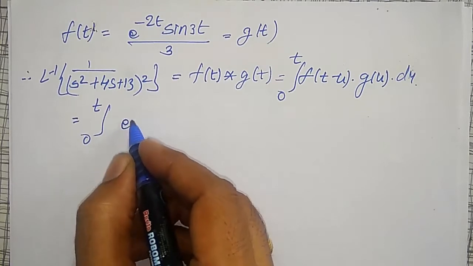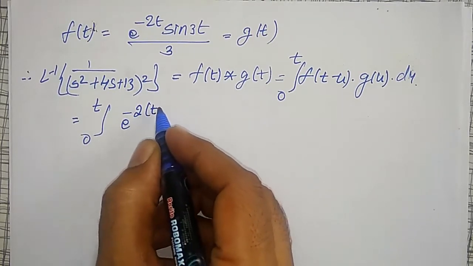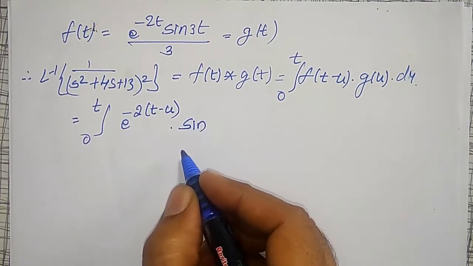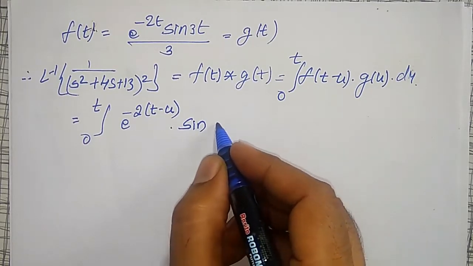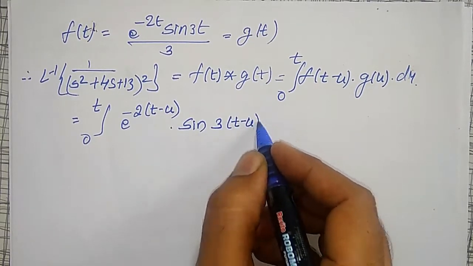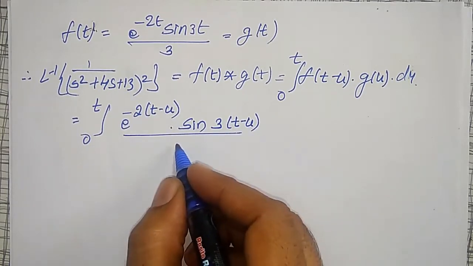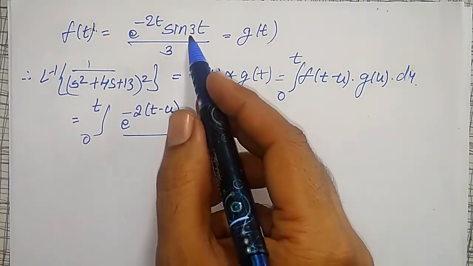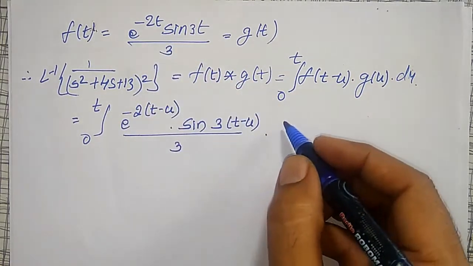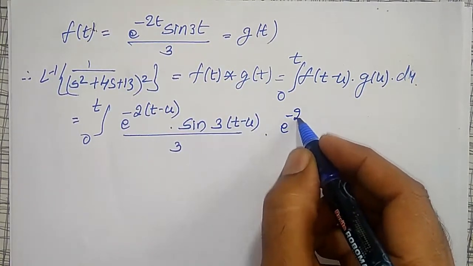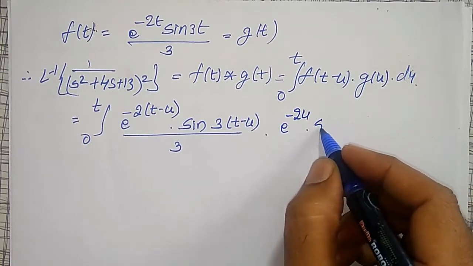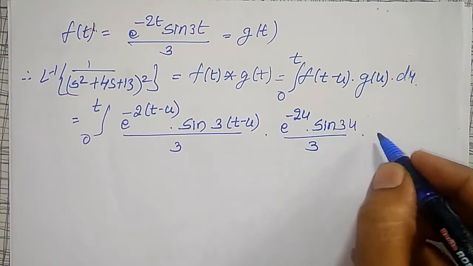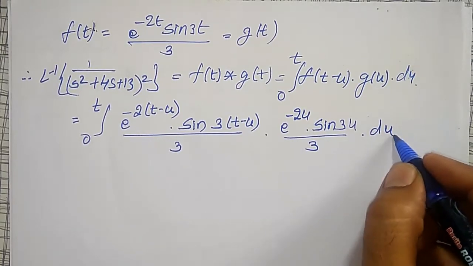That is e raised to minus 2 into t minus u into sine of 3t minus 3u whole divided by 3 into g of u. Wherever t is there, I will substitute by u. E to the power minus 2u into sine 3u divided by 3 into du.